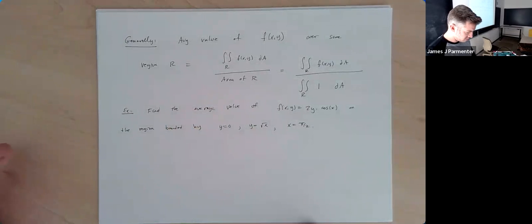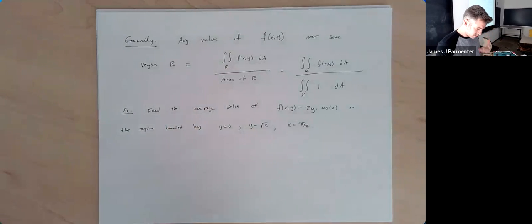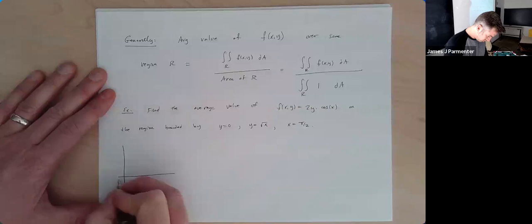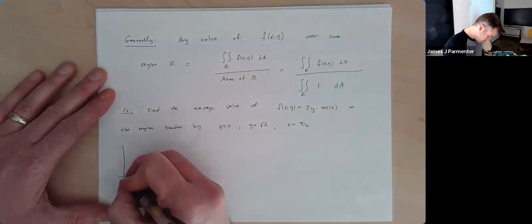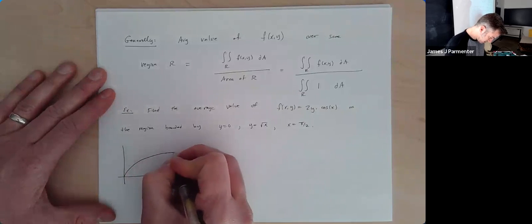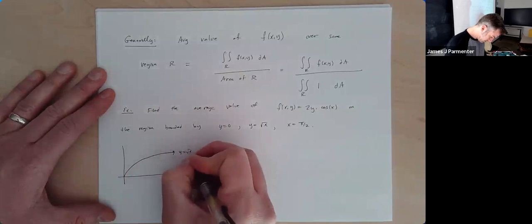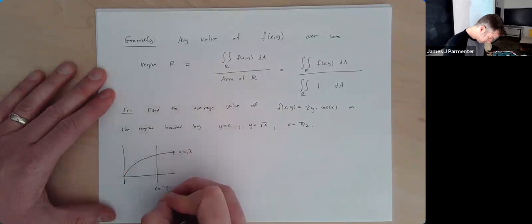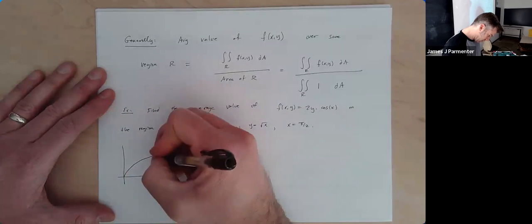So let's draw the region. I know I'm going to be doing a double integral over this region. If I draw my region, y equals 0, y equal to the square root of x, and x equal to pi over 2. Here's my region.